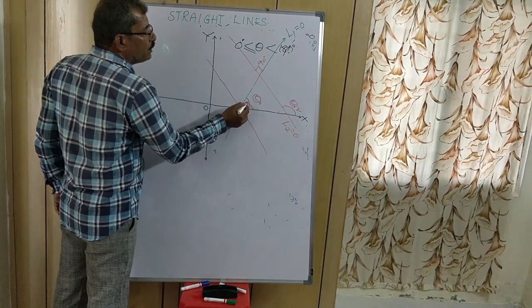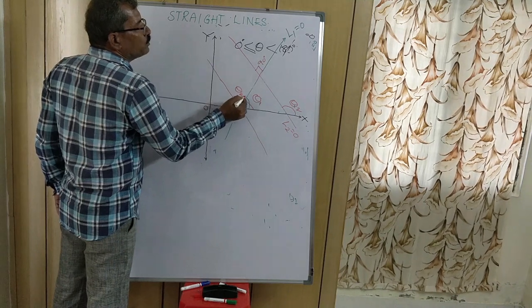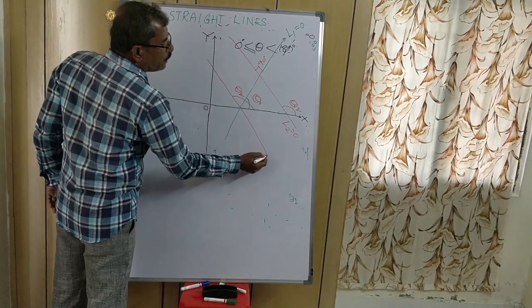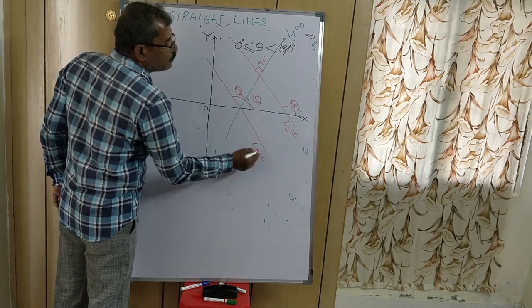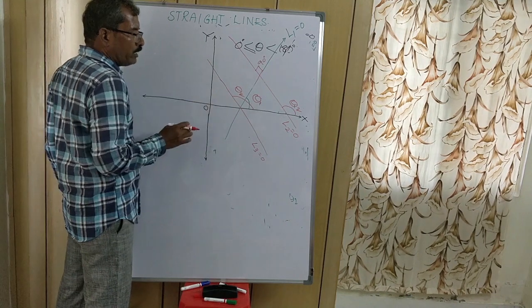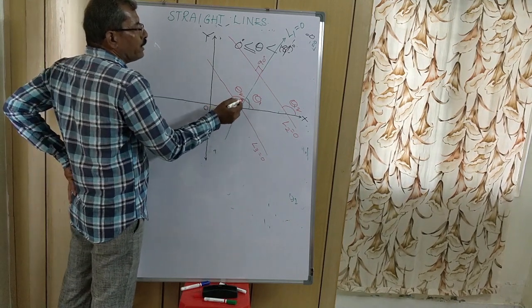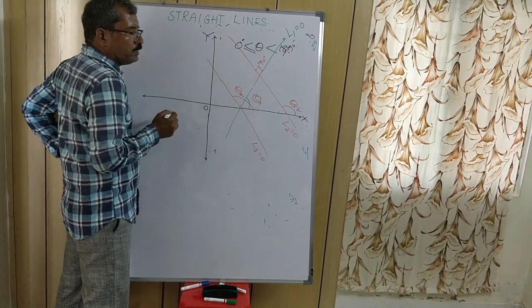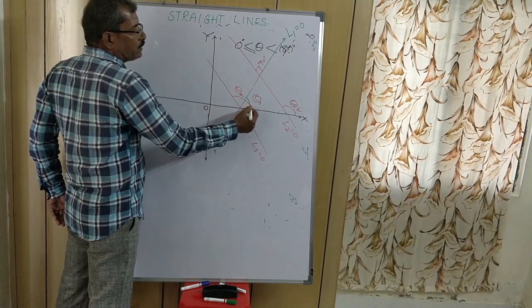Why? Because L2 is here, I can say L3 is equal to 0. L2 and L3 are both parallel lines, and the difference between these two angles is 90 degrees. One is less than 90 degrees, and one is greater than 90 degrees.